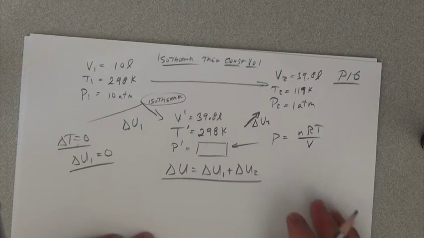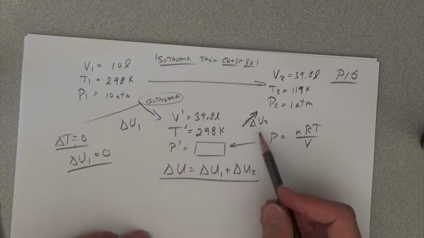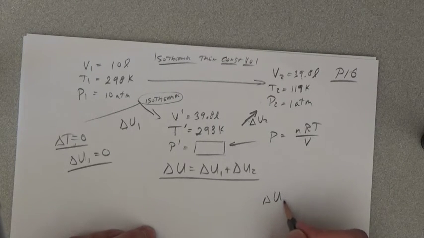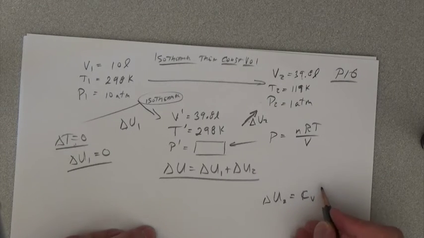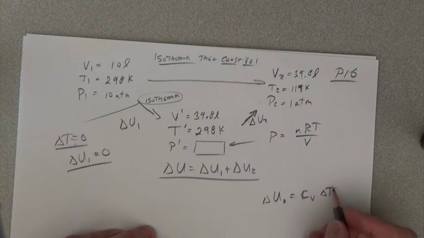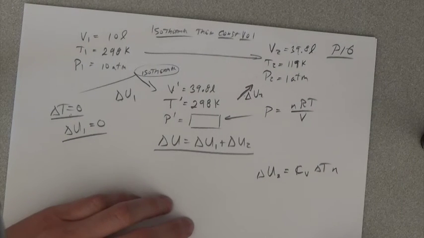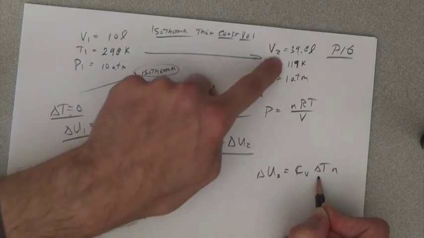Now coming over to this side, we're going to have delta U2 equal to the molar constant volume heat capacity, times delta T, times N, right? Because we're doing a constant volume process. And we know this, and we know this.